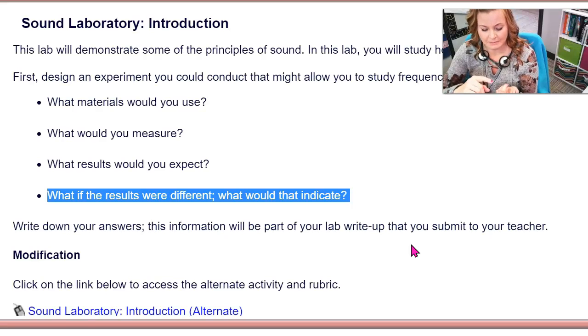Oftentimes these are things like maybe you didn't have a very good setup. Maybe there's something wrong with the way you put your equipment together, so it was not testing what it was supposed to be testing, or it malfunctioned. Maybe there was something wrong with your measurements, or you were inaccurate with them. Maybe you had some calculation errors.